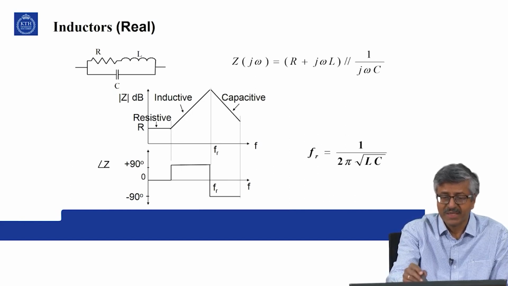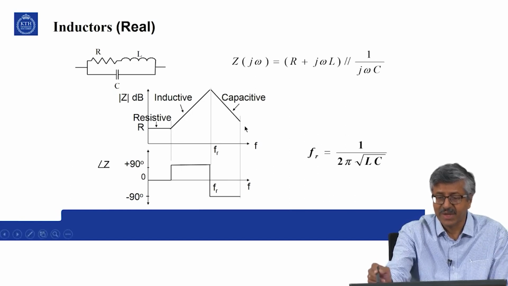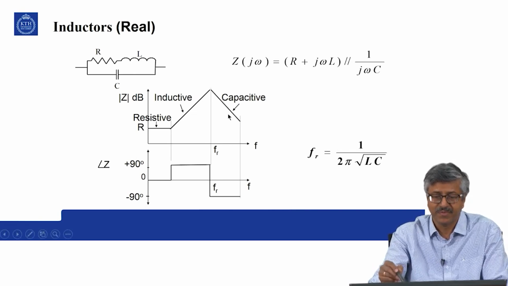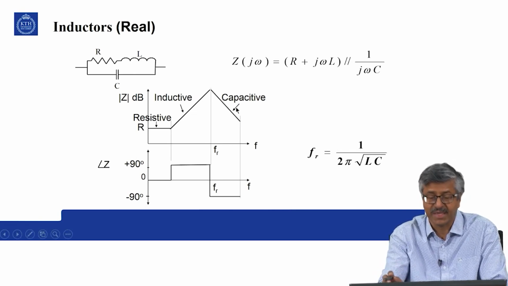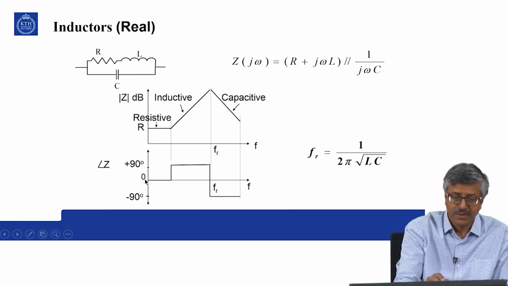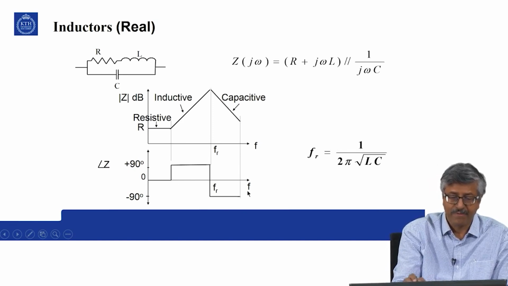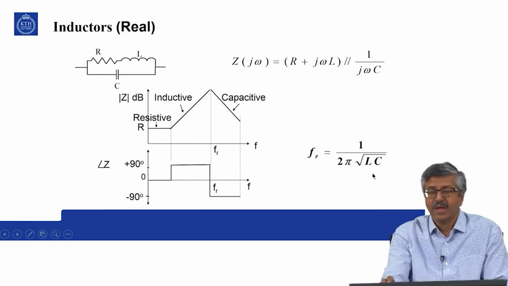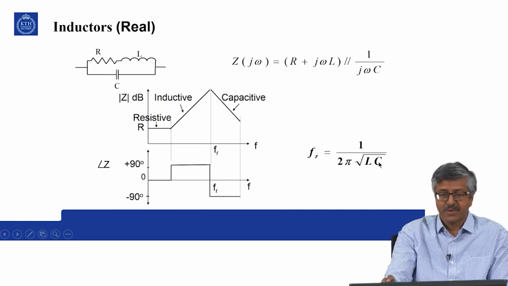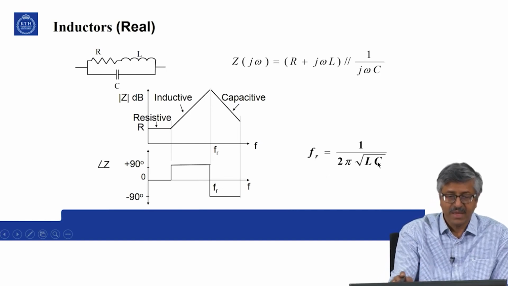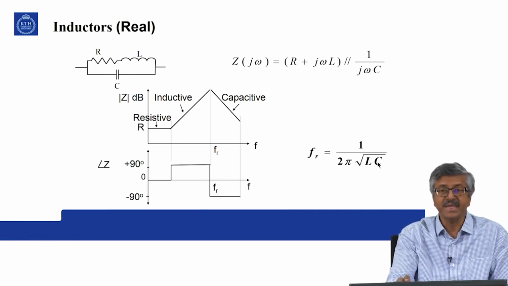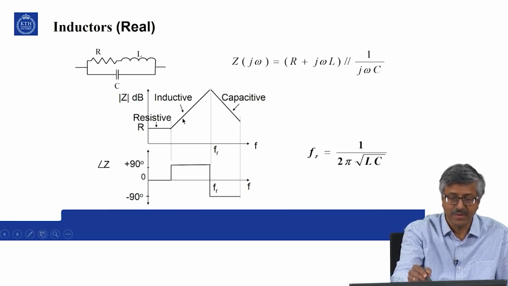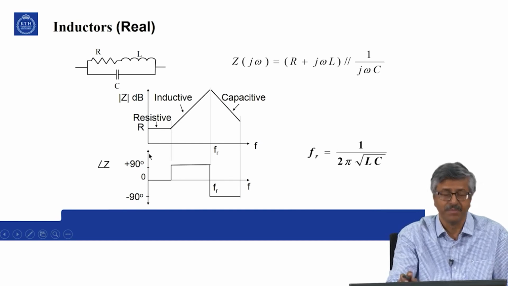After resonance, the capacitance part is dominant and there is a 20 dB per decade decrease, with the corresponding phase angle. So, you can operate the inductor in this frequency band below this resonance frequency.